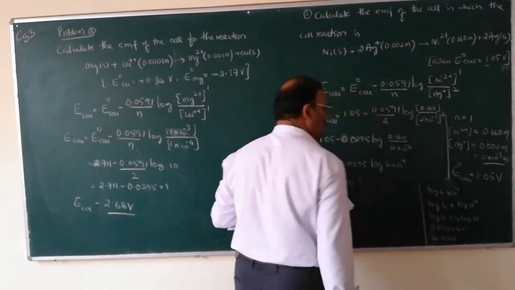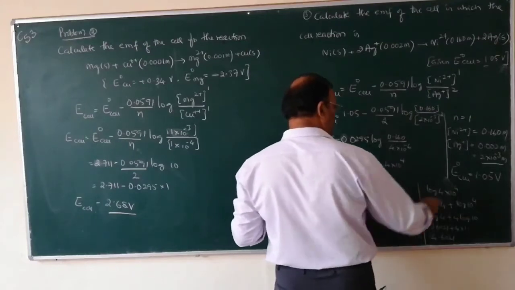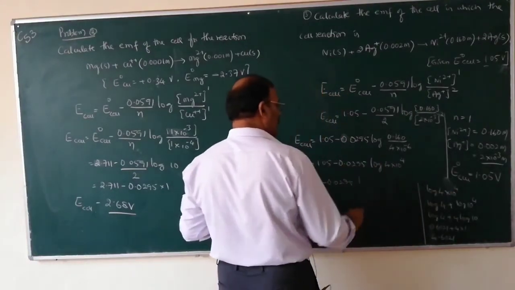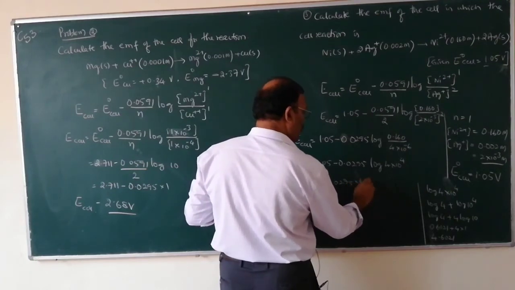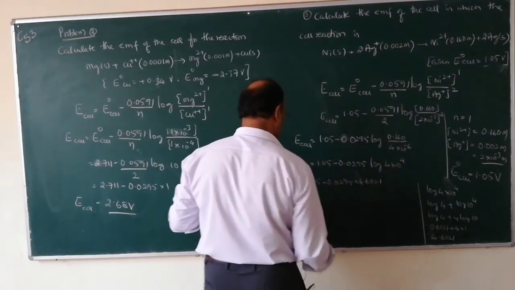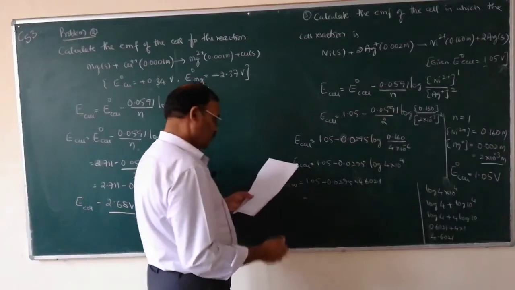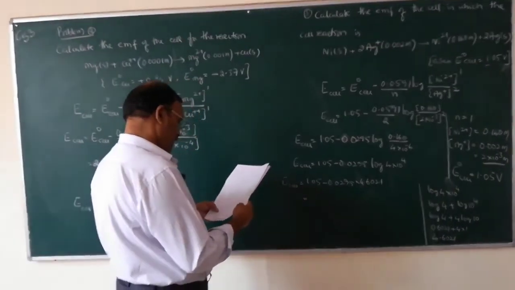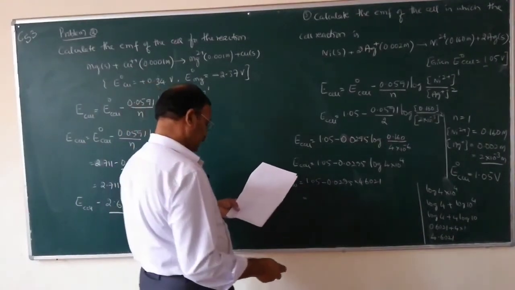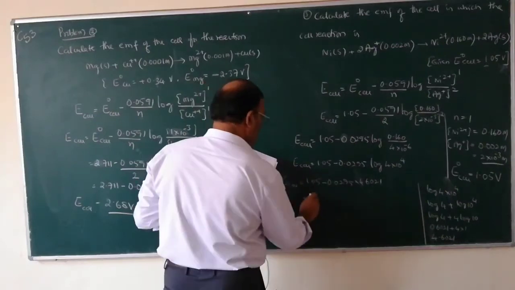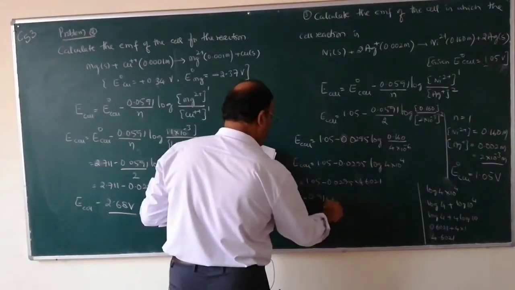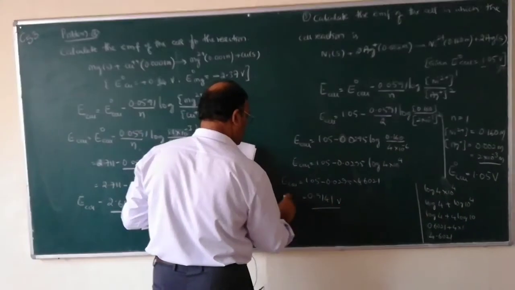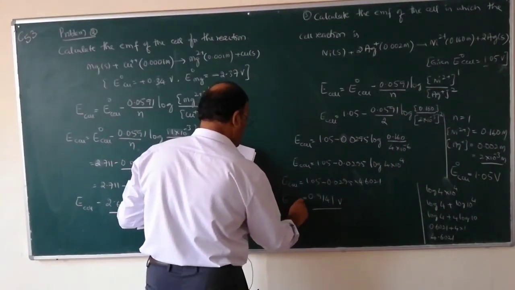So this is the value of log 4 into 10 to the power of 4. So this is equal to E cell equals 0.9141 volt. So this is E cell.